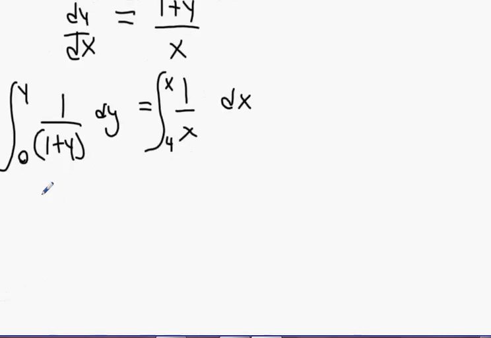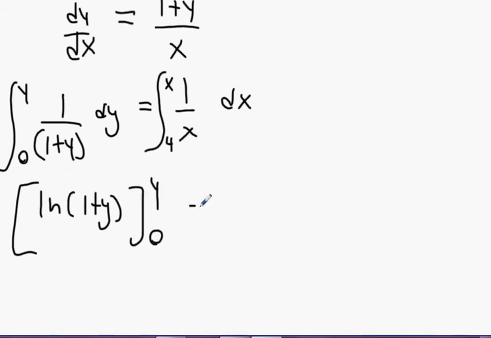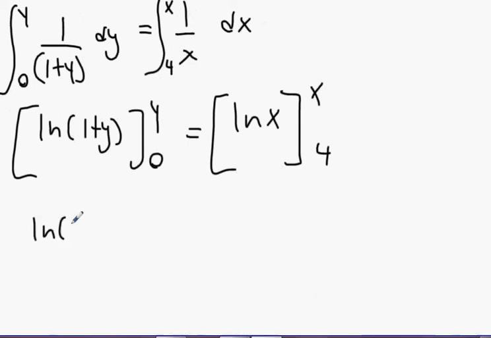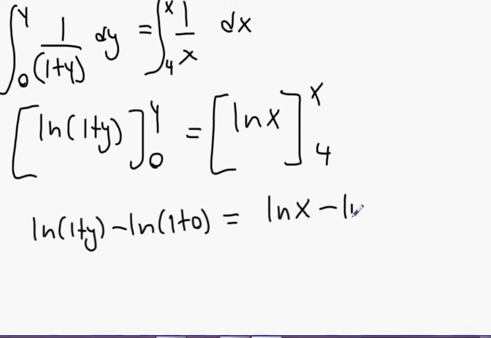Give it a go. ln 1 plus y from y to 0, and then equals ln x from x to 4. Now, what you're going to get here is ln 1 plus y minus ln 1 plus 0, which is ln 1, equals ln x minus ln 4.